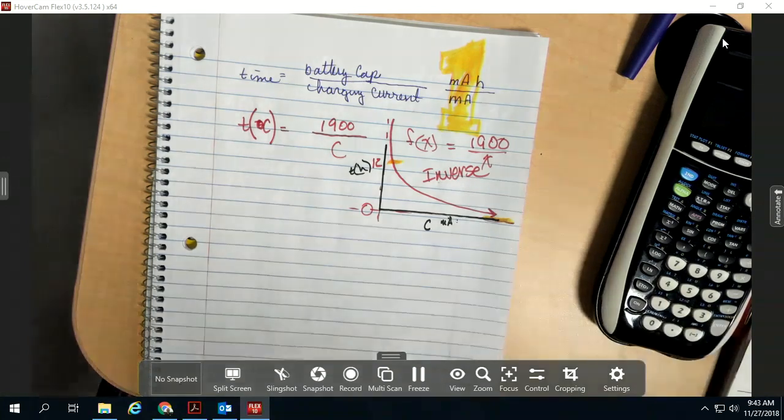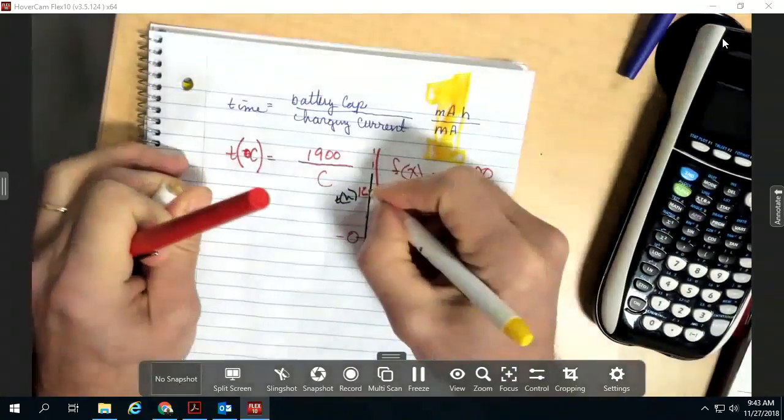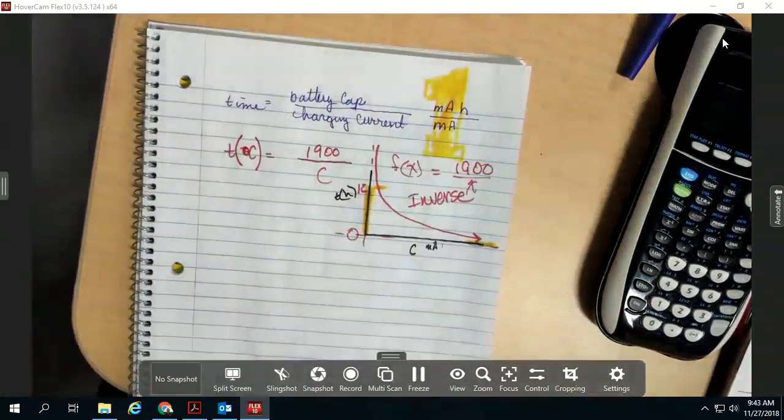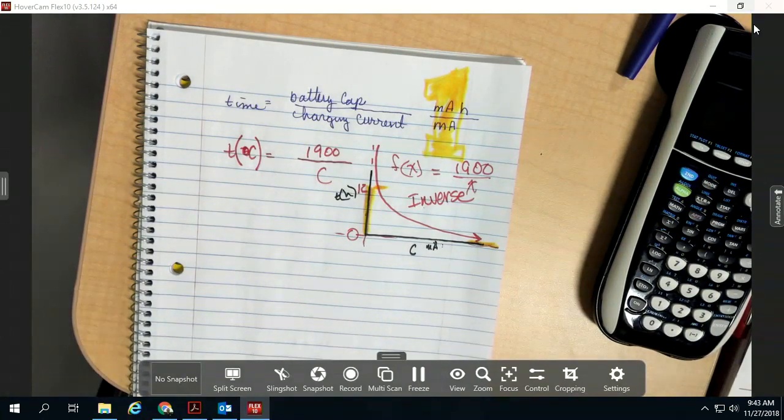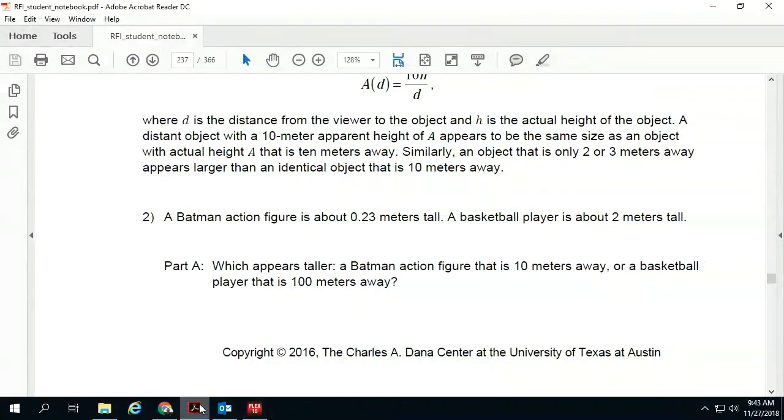Okay, so we're just talking about these outputs from here to here.